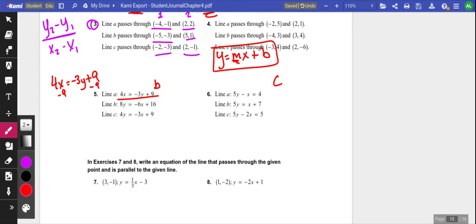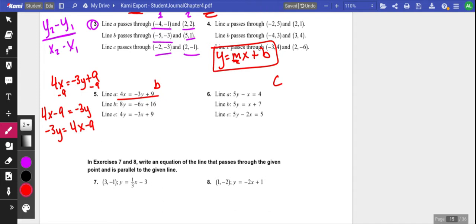Okay, 4x and negative 9 are not like terms. So I'm going to write this out as 4x minus 9 is equal to negative 3y. And I would rather have my y term on the left, so I'm not going to do any algebra here. I'm just going to switch which side these are on. So negative 3y is equal to 4x minus 9. Didn't change anything, just flip-flop the sides here.